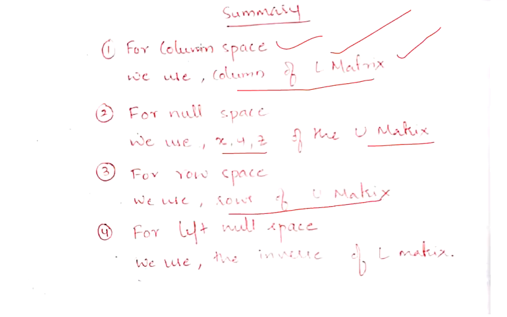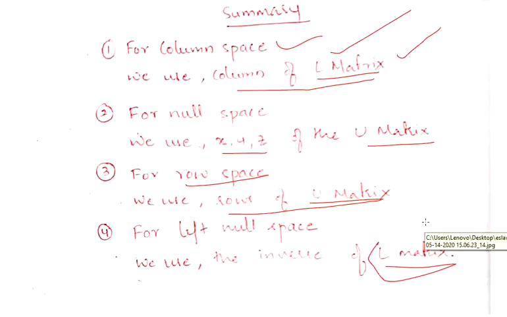See, remember, for column space we are dealing with the L matrix, for row space we are dealing with the U matrix, and for left null space we use the inverse of the L matrix, right? The last question we did is the L inverse. And how to do the L inverse? We just need to change the sign of the elimination matrix. Okay, so remember, column space and left null space deal with the L matrix, and null space and row space we deal with the U matrix.